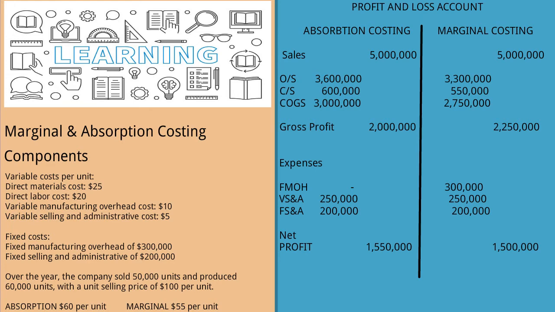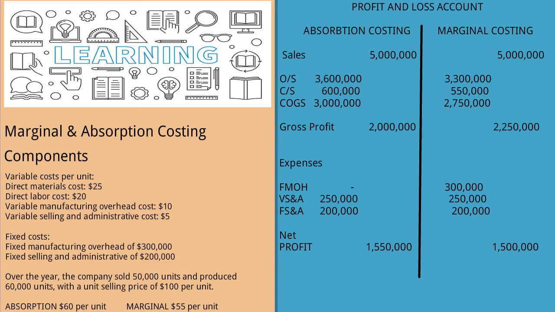But when we come down to the expenses, so FMOH, the 300,000 for the fixed manufacturing overheads, which goes into marginal costing, and likewise the variable sales and administration and the fixed sales and administration. So the only difference in the expenses is going to be the 300,000 for the fixed manufacturing overhead, which now comes into the expenses for the marginal costing.